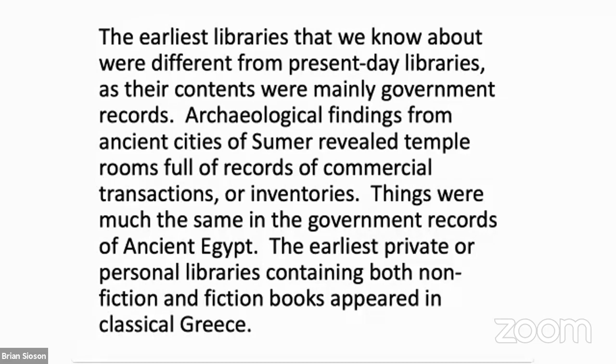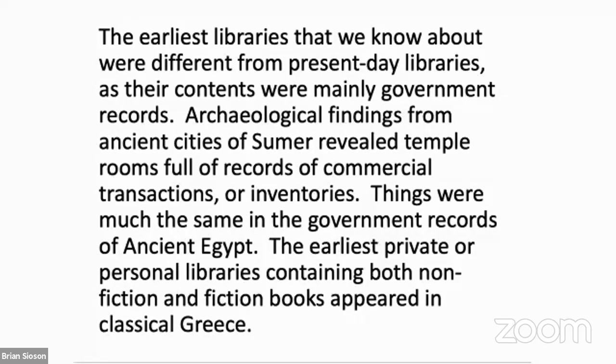Things were much the same in the government records of ancient Egypt. The earliest private or personal libraries containing both nonfiction and fiction books appeared in classical Greece. All right. So looking at this passage right here, which do you think is the best option?